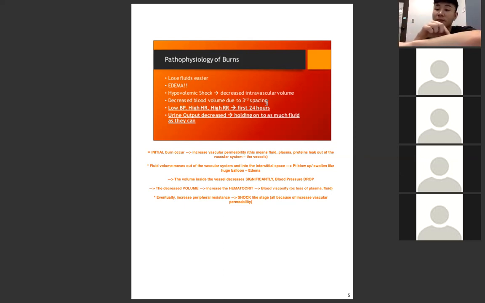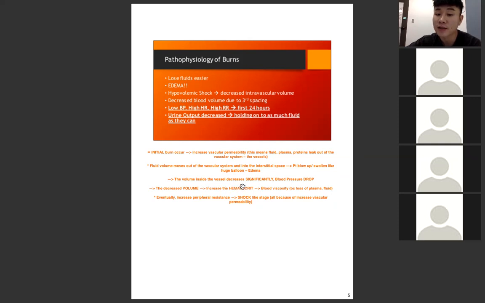So all of these substances inside my hand will release through all these holes, and that's what is meant by increased vascular permeability. The fluid volume moves out of the vascular system and into the interstitial space. The patient will blow up swollen like a huge balloon, and they have a lot of edema and swelling, but internally, intravascularly, they are hypovolemic, in shock, and dehydrated.